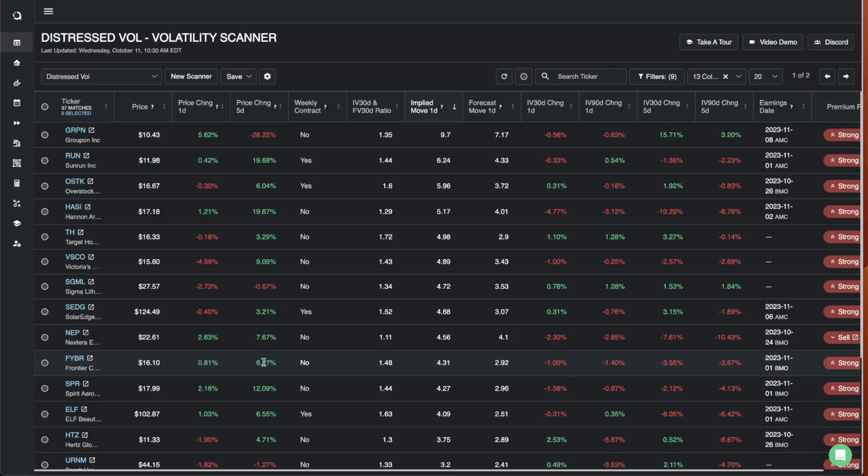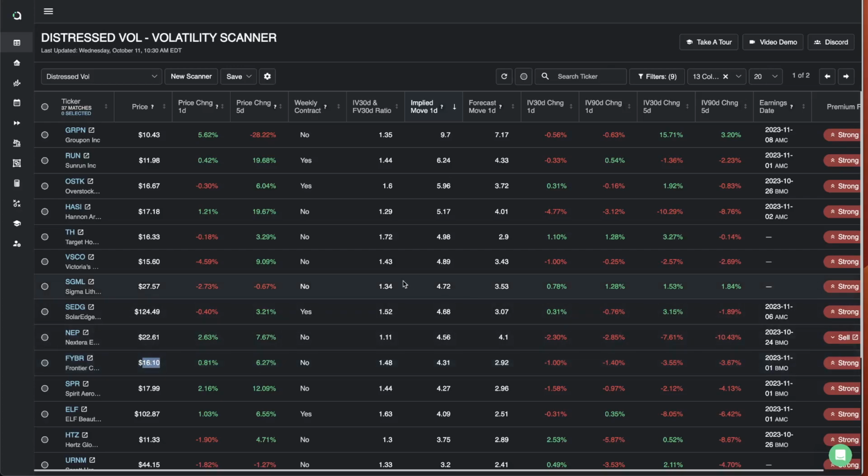This is one of those tickers that has been a really good short volatility trade over the last little while, similar to TH, where it sort of just bounced around between this $14 and $17 range. So similar to before, that's kind of what I'm looking to do here.